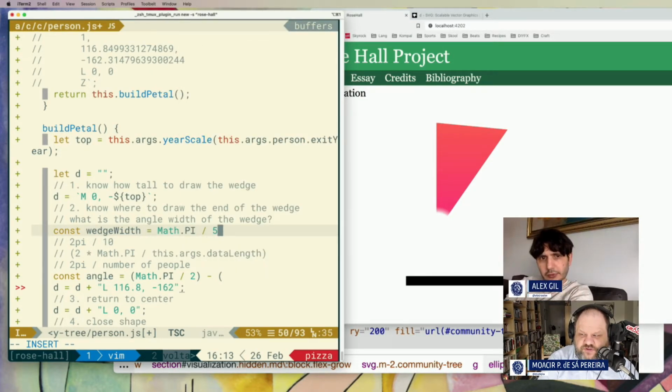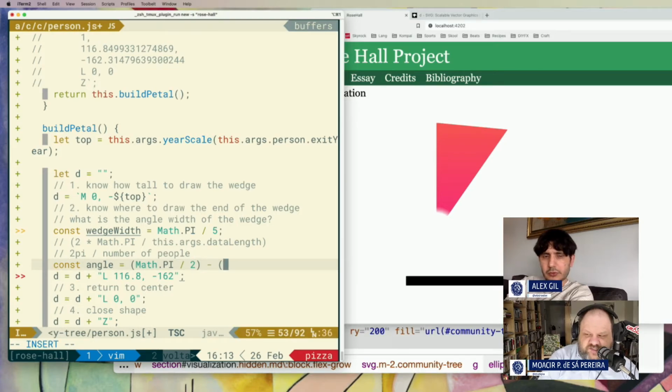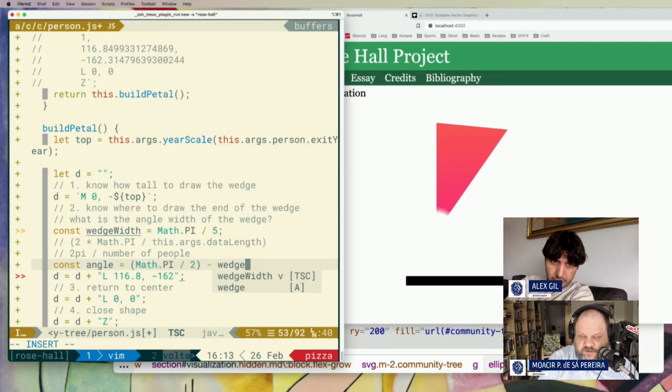We can do a little bit of reducing here. So the const angle is Math.PI over 2 minus wedgeWidth. Yeah, no dollar sign, but yes.